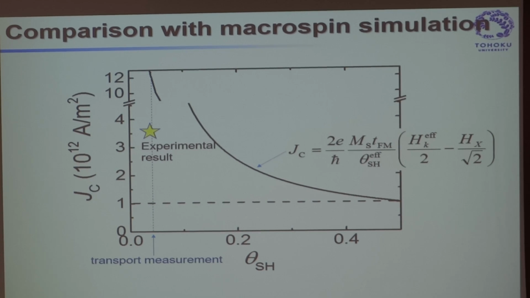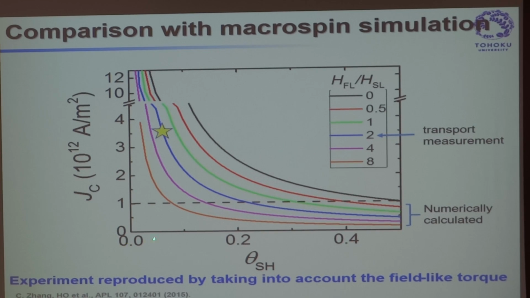So let's try to see if that explains, or at least brings our numbers closer to what we have seen. From transport measurements, the field-like torque is twice as large as the Slonczewski torque. And we had to go through a numerical calculation, although this is a straightforward macrospin calculation. And the agreement is much better.